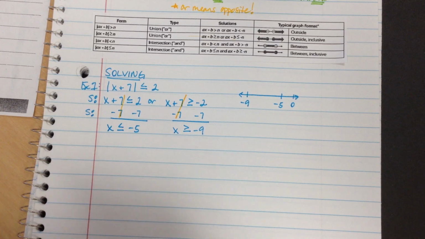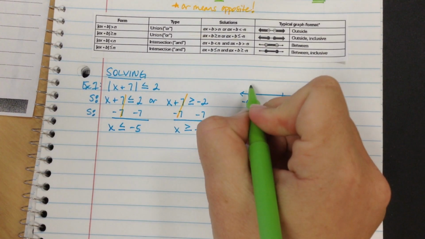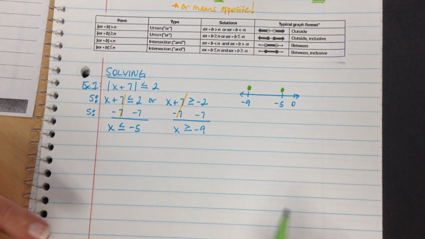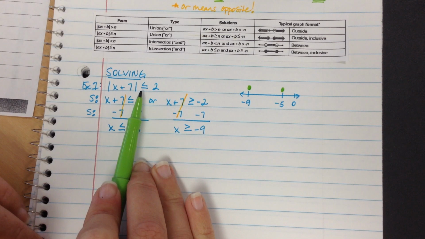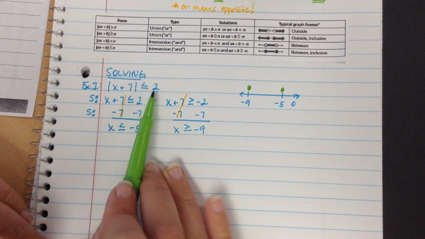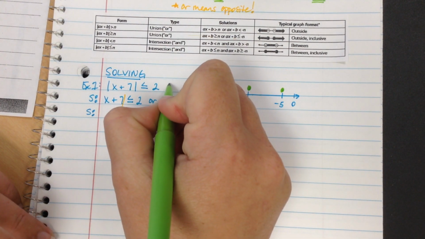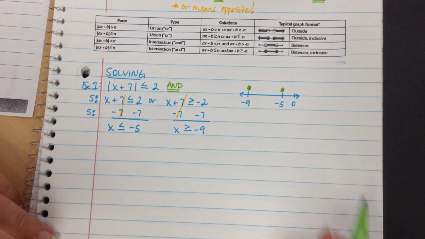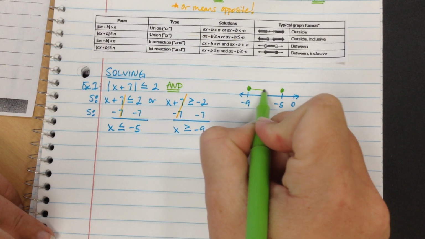That tells me that whenever I go to graph, I need closed dots. Again, looking at the original sign, this is a less than. Less than tells me that my graph needs to be connected.